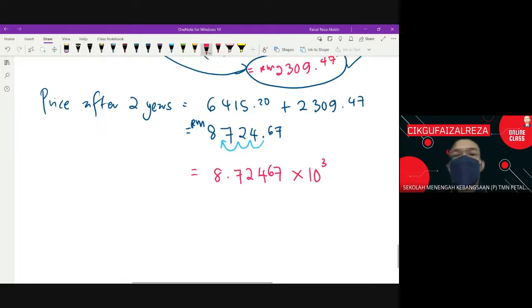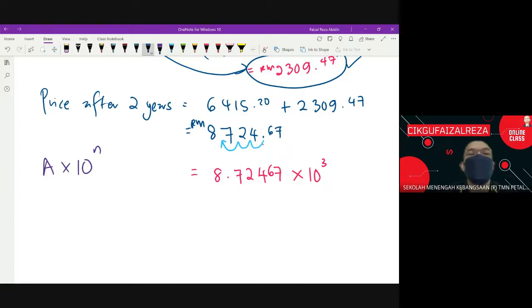What is standard form? A times 10 to the power of n. This one moves to the left, 1, 2, 3. If the number is 0.003145, hey, hello, this one you already learned, right? Wake up, wake up.